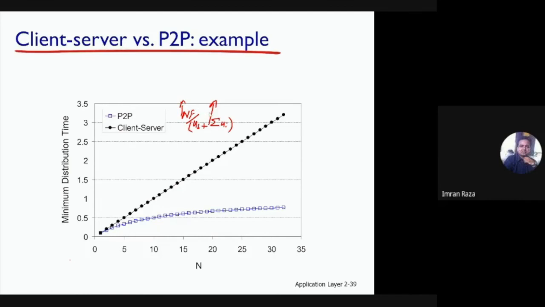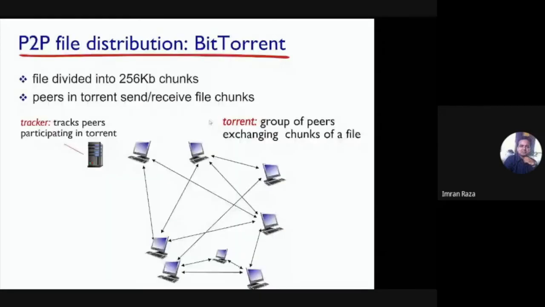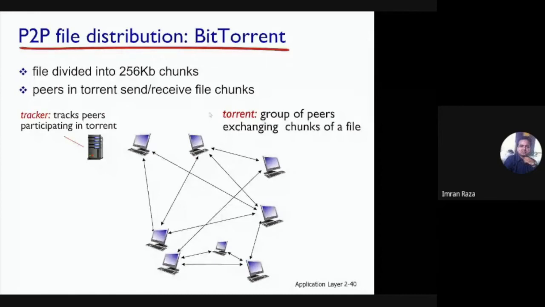So clearly, the time required to distribute a file in a peer-to-peer arrangement decreases as the number of nodes increases. But in a client-server environment, if the number of nodes increases, there is an increase in the file distribution time. So peer-to-peer networks, or applications, are self-scalable.